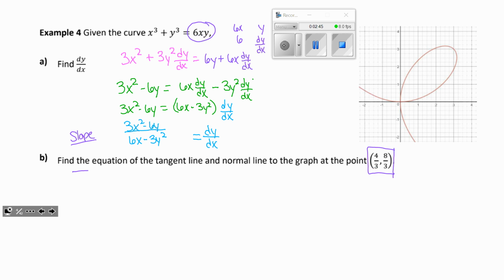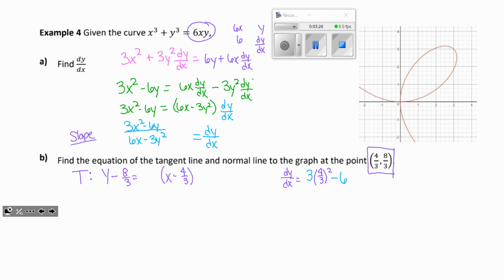So we're going to write the equation of the tangent line. The tangent line, we're going to say y minus 8/3 equals our slope times x minus 4/3. We have to plug in our slope, so we have to figure out what our slope is. So we're going to say dy dx, and I'm going to plug in my x and y values. So I have 3, and my x value was 4/3 squared, minus 6.